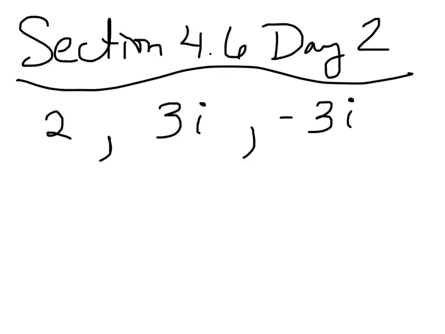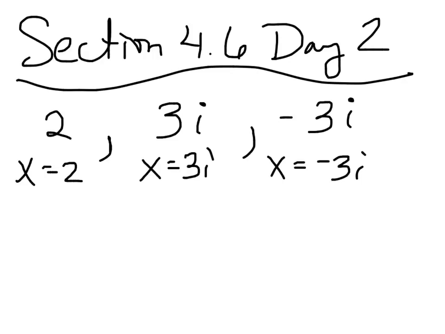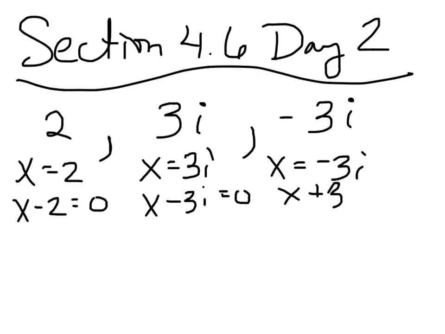So remember what we did a couple days ago? This was on Wednesday where we said x equals 2, x equals 3i, and x equals negative 3i. And then what did we do after that? x minus 2 equals 0, x minus 3i equals 0, x plus 3i equals 0.